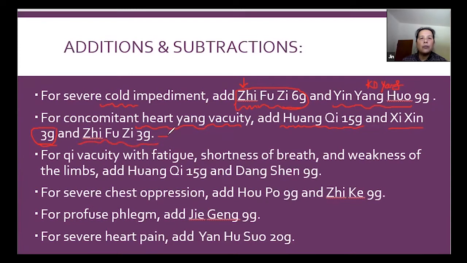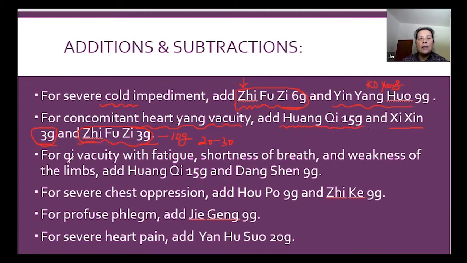But 附子 you can use up to 10 grams, just cook it first. You need to pre-cook it about 20 to 30 minutes, then add other herbs in, thus reducing the toxins. So these two herbs we need to be careful using.